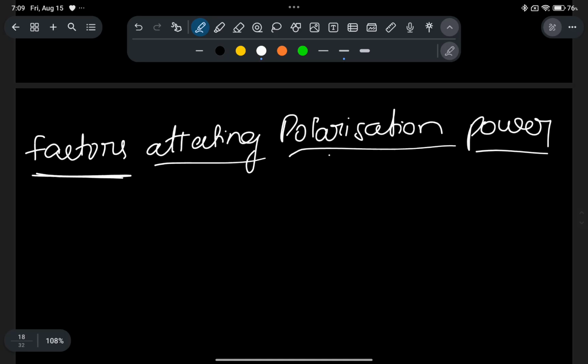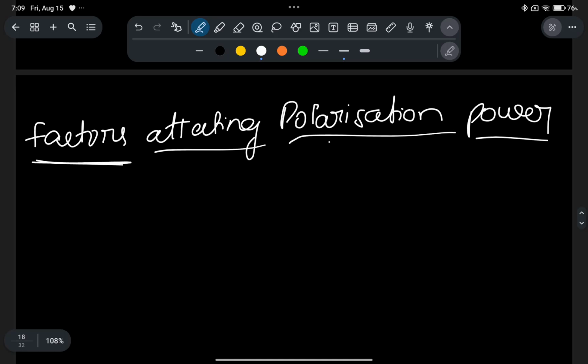Okay, the factors affecting polarization are the same as for ionic and covalent bonds. Polarization favors the covalent bond because it is directly proportional to covalent character and inversely proportional to ionic character.